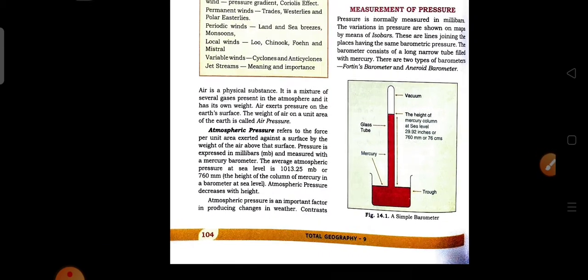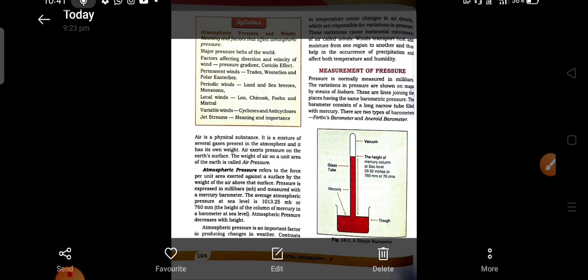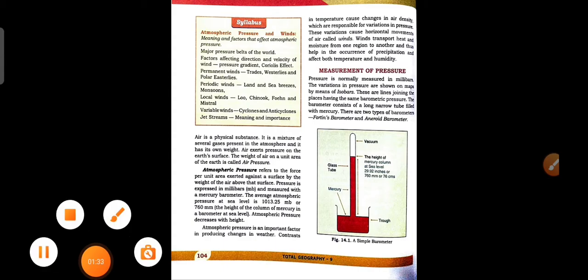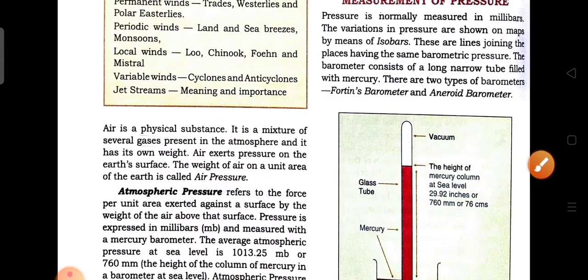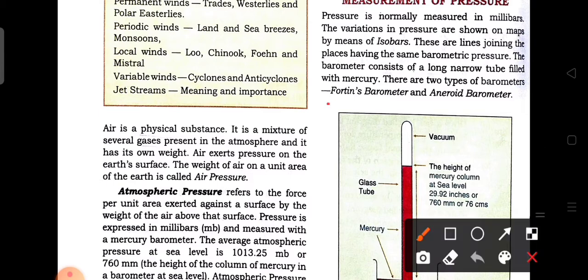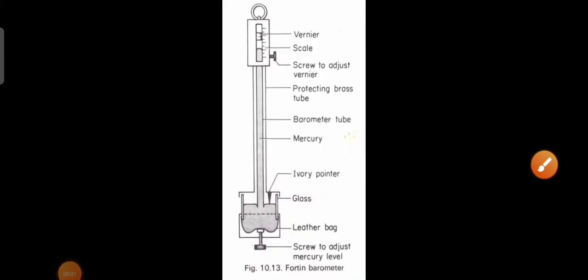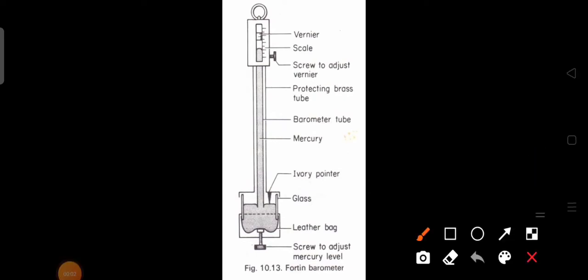After this we will learn about the types of barometer. There are two types of barometer: Fortin's barometer and the aneroid barometer. This is the Fortin's barometer.